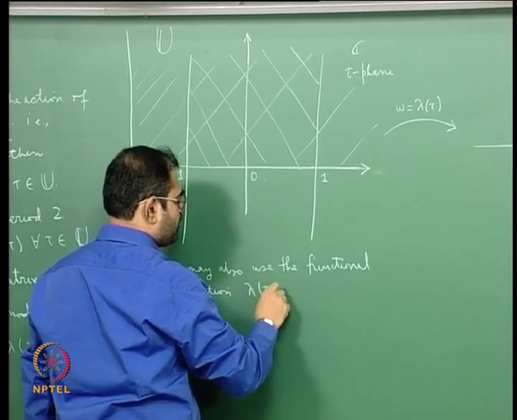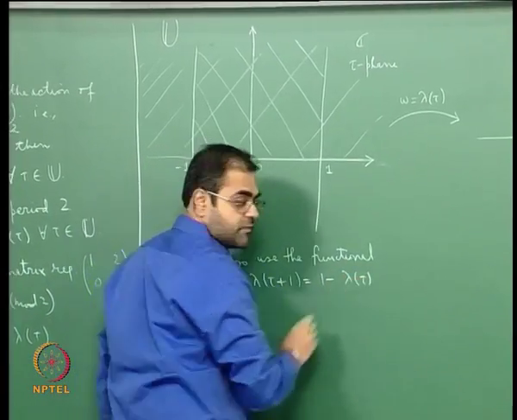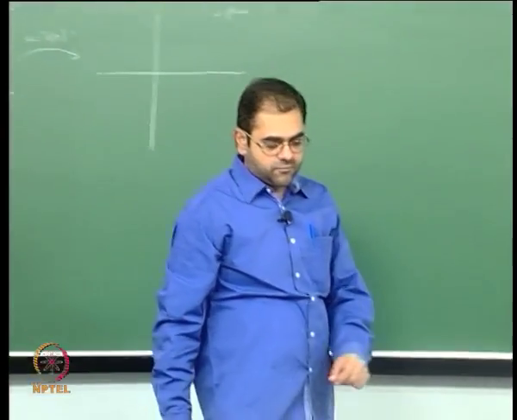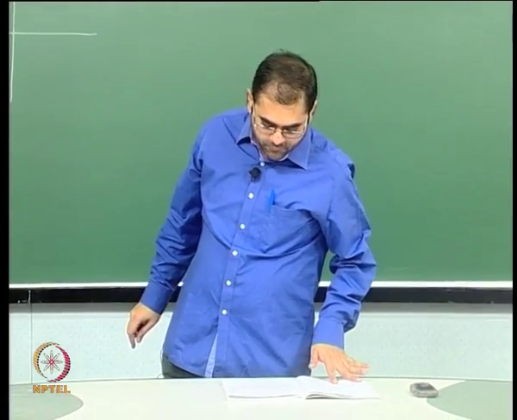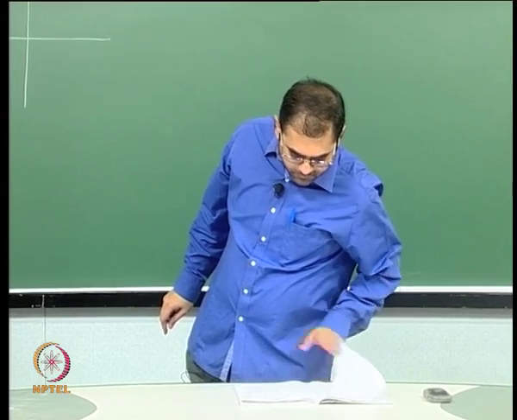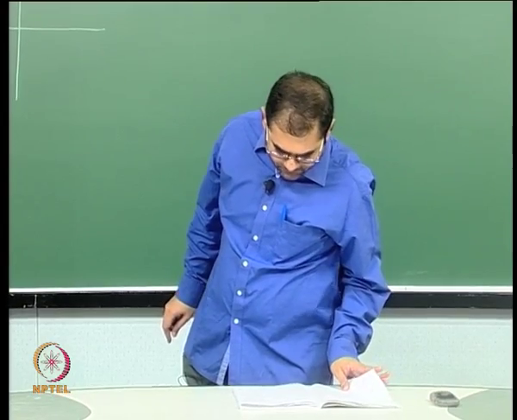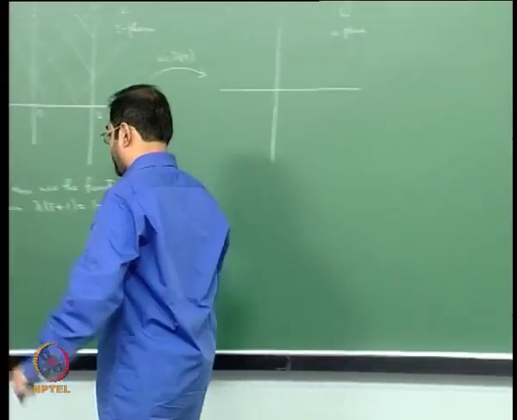Maybe I'll draw a line here. Lambda of tau plus 1 is, I guess, 1 minus lambda of tau. We proved this last time. Oh no, I think it was lambda tau by lambda tau minus 1, sorry.